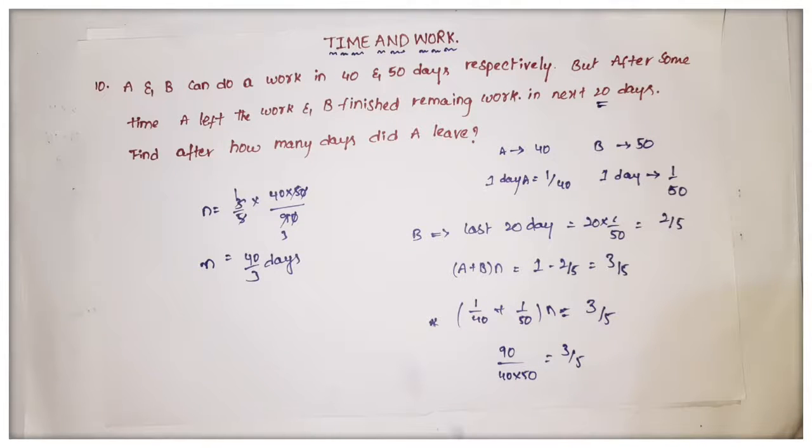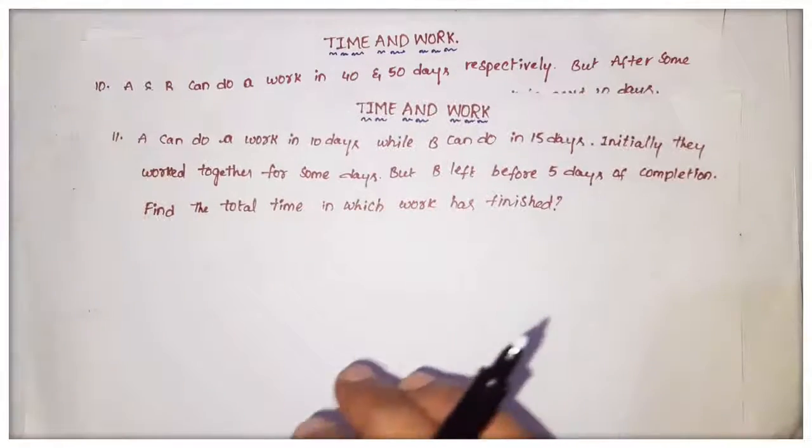So we got the work done by A and B together, that is 3 by 5. We equated that to A plus B into n and we got the value of n, which is the time after which A leaves the work. So let us move to another example, example number 11.